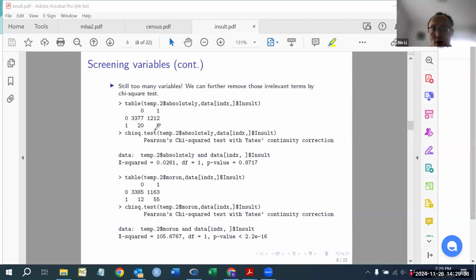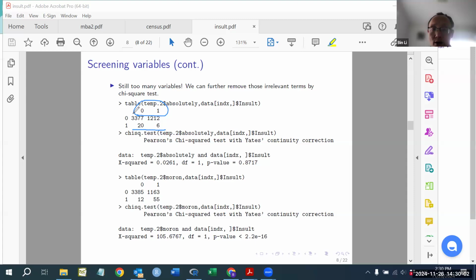For this table, we can run the chi-square test to see if the appearance of this word absolutely is strongly associated with the insulting status. And here you can see there's no clear association. How can I see that?